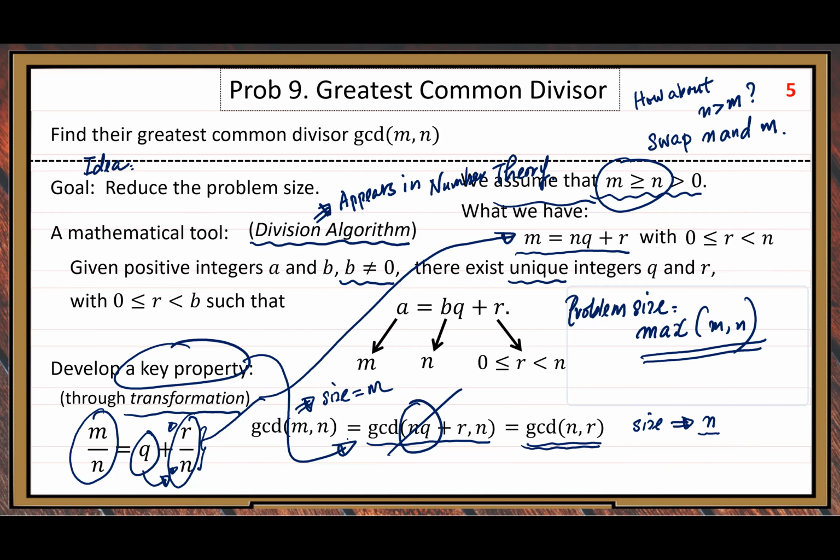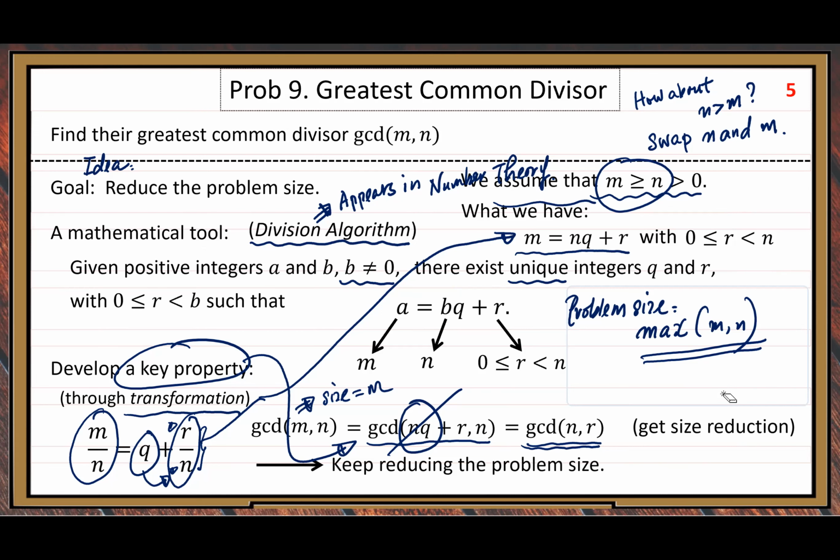Now we apply this key property, we can solve this GCD problem. And we can keep doing it. This is only one-time reduction.